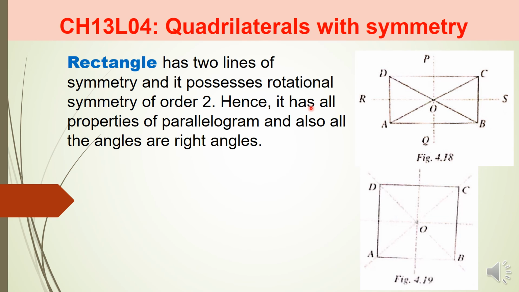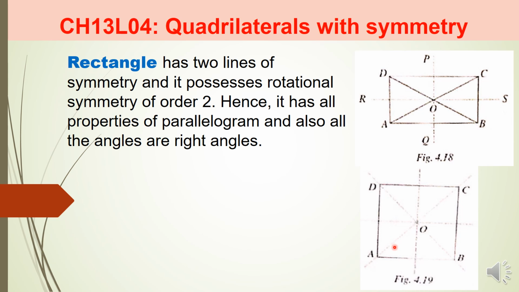Then it has all the properties of a parallelogram and also all angles are right angles. So the properties of a rectangle are the same as the properties of a parallelogram. So please try to write them down by yourself. First you write down the properties of a parallelogram, and you add one more: all angles equal 90 degrees. This means angle A equals angle B equals angle C equals angle D, equal to 90 degrees.